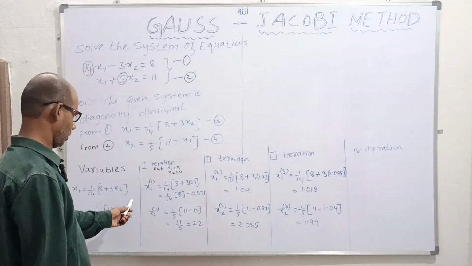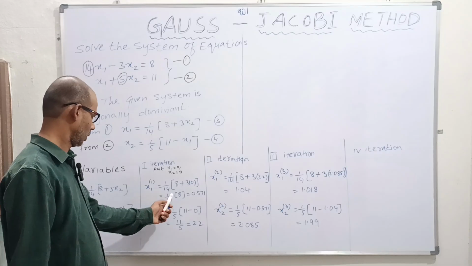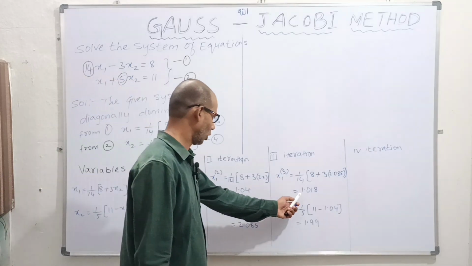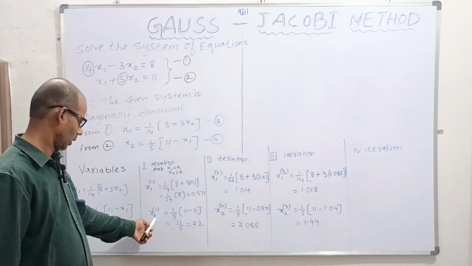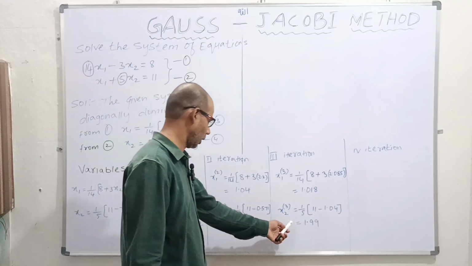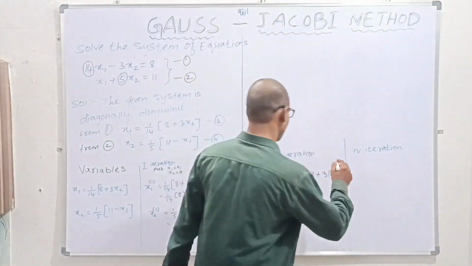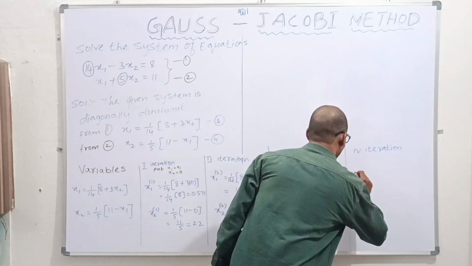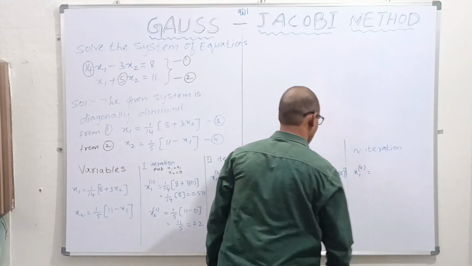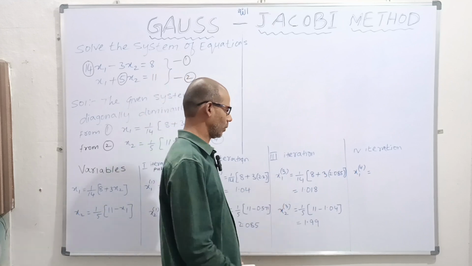Now you see the values of x1 from the first iteration: 0.571, 1.04, 1.018. Similarly, for the second variable, the values are 2.2, 2.085 and 1.99. So we'll go for another iteration, that is the fourth iteration. For the fourth iteration, we use these x1 and x2 values.